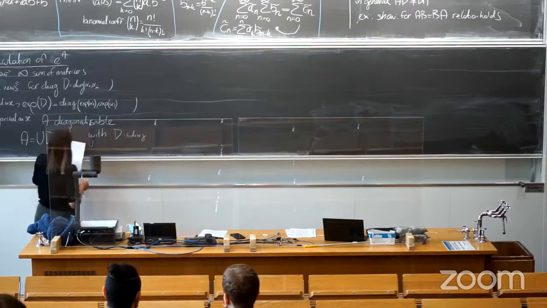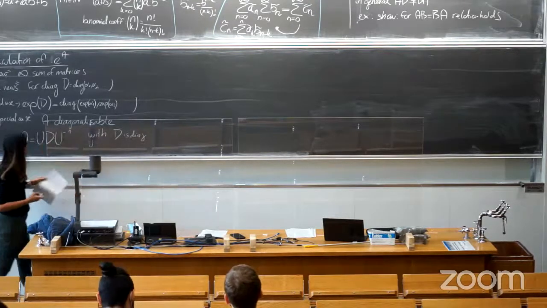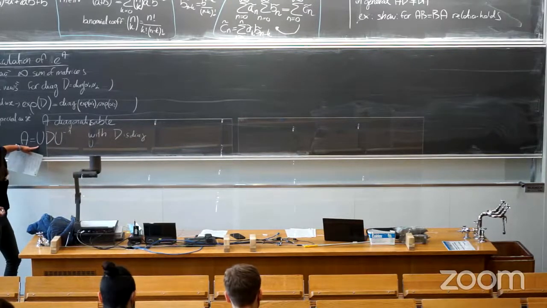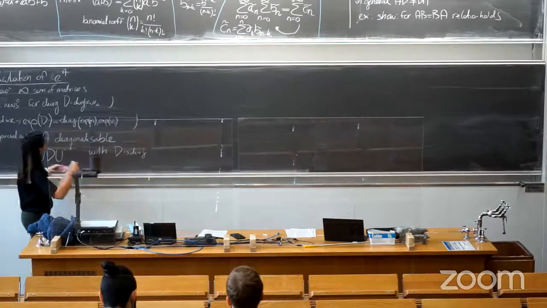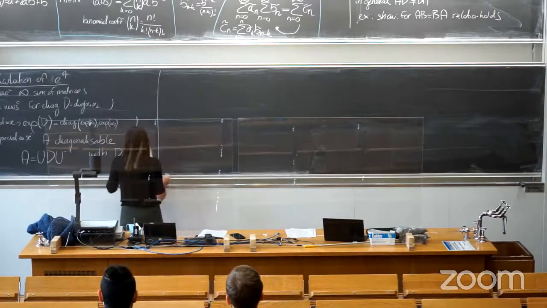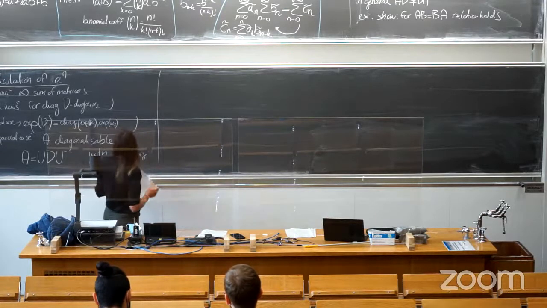And U is a matrix. This is a property from linear algebra. We are not proving it, because fortunately we are not in linear algebra anymore. And how does this help us?